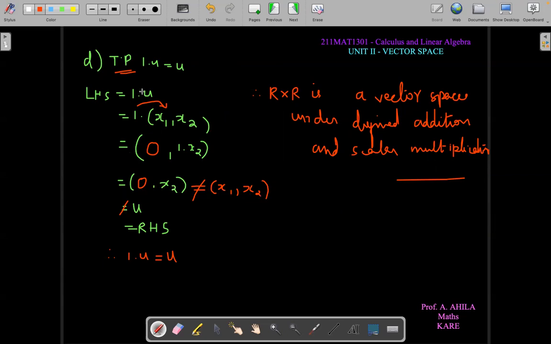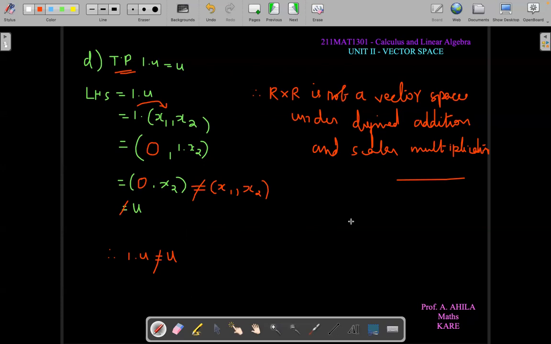So this 1 into u is not equal to u. Okay. So here the fourth condition is dissatisfied. Therefore, R cross R is not a vector space under defined addition and scalar multiplication.